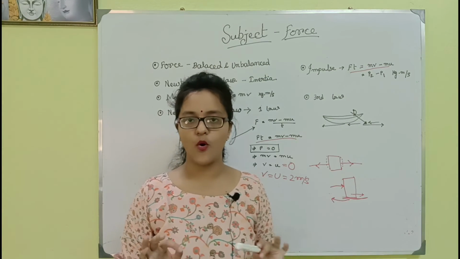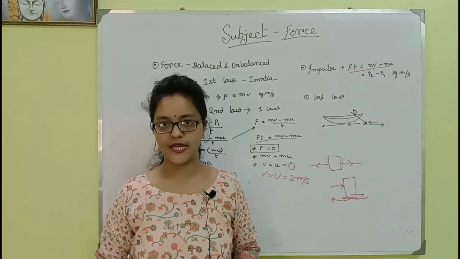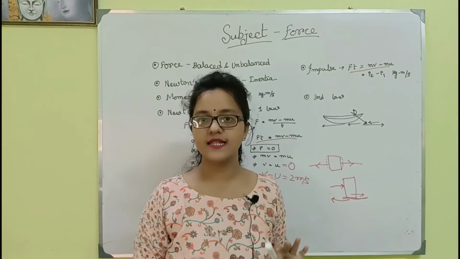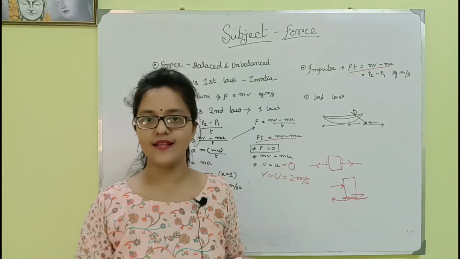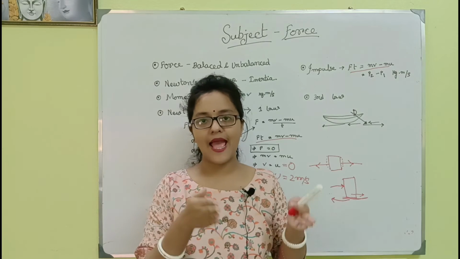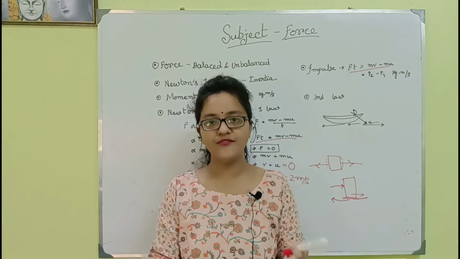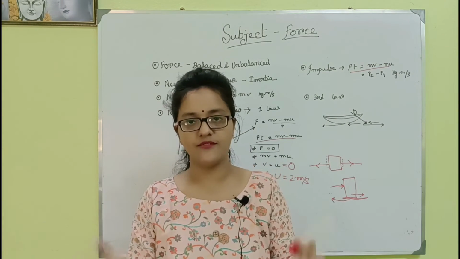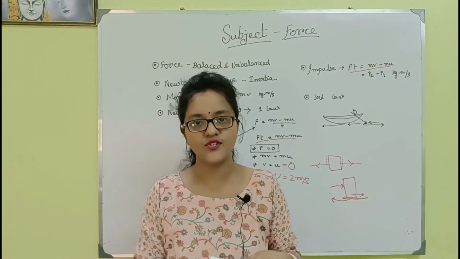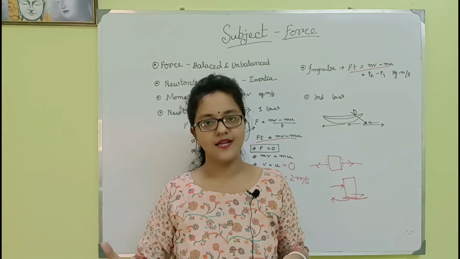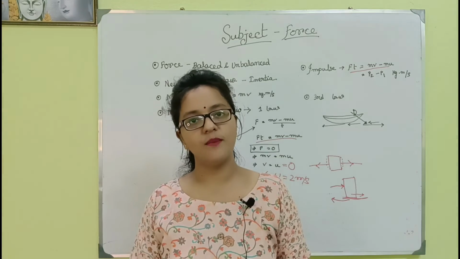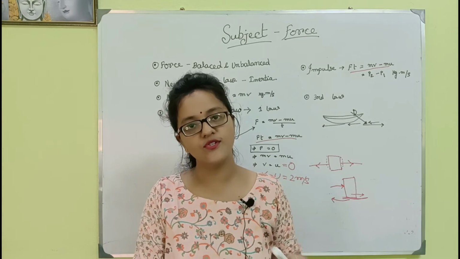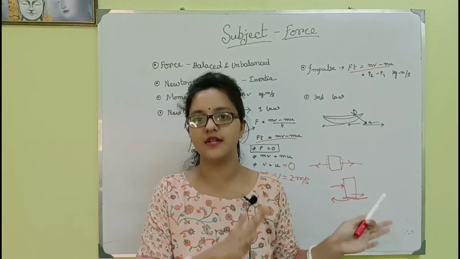The last point of today's discussion is the third law. Newton's third law says that the first object can apply force on the second object, but the second object also rebounds the same amount of force to the first object in the opposite direction.